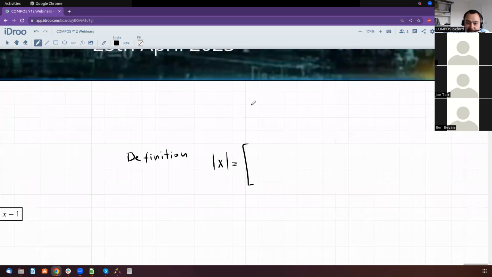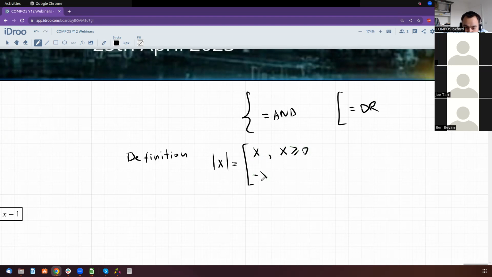So in maths, this symbol means and, this symbol means or. So modulus of x is x if x is positive, and it's equal to minus x if x is negative.